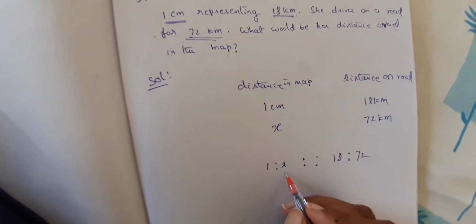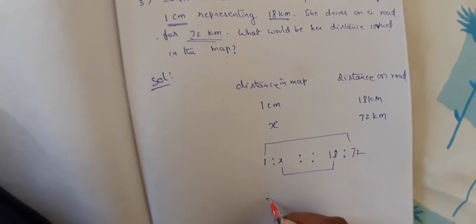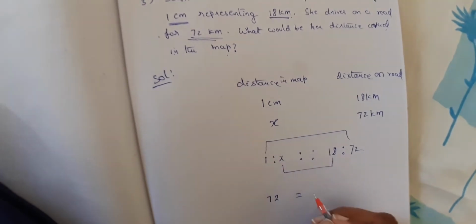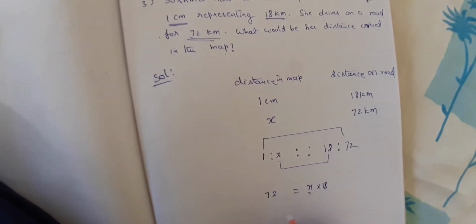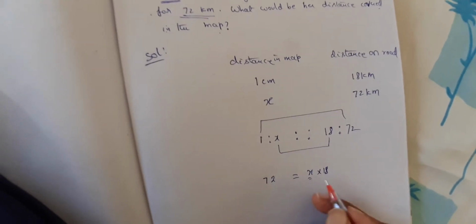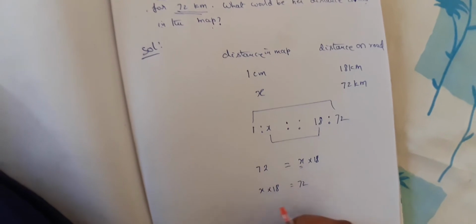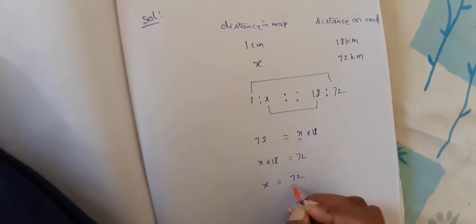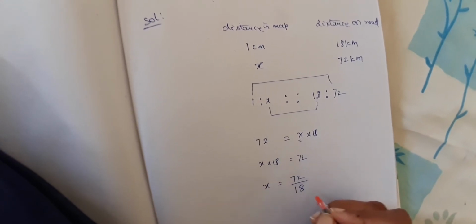Now again, product of means is equal to product of extremes. So 72 into 1 is 72, which is equal to x into 18. For your convenience I am shifting it as x into 18 is equal to 72. Transposing 18, x is equal to 72 divided by 18.